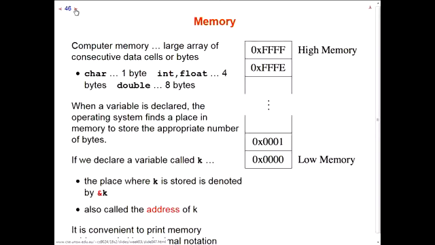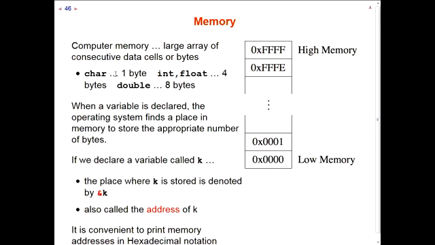But the reason why I'm showing this is because we have to talk a little bit about computer memory before we can talk about pointers, before we can talk about abstract data types implemented using dynamic memory allocation or dynamic data structures. Computer memory is large arrays of consecutive data cells or bytes.